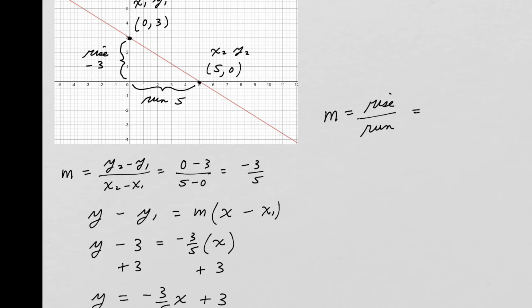And since I know the y-intercept, I know that that 3 is actually equal to my b. So then I could just plug into my y equals mx plus b formula. m was negative 3/5, and b was positive 3. So either way will give you it. There are always multiple ways of solving these types of problems.